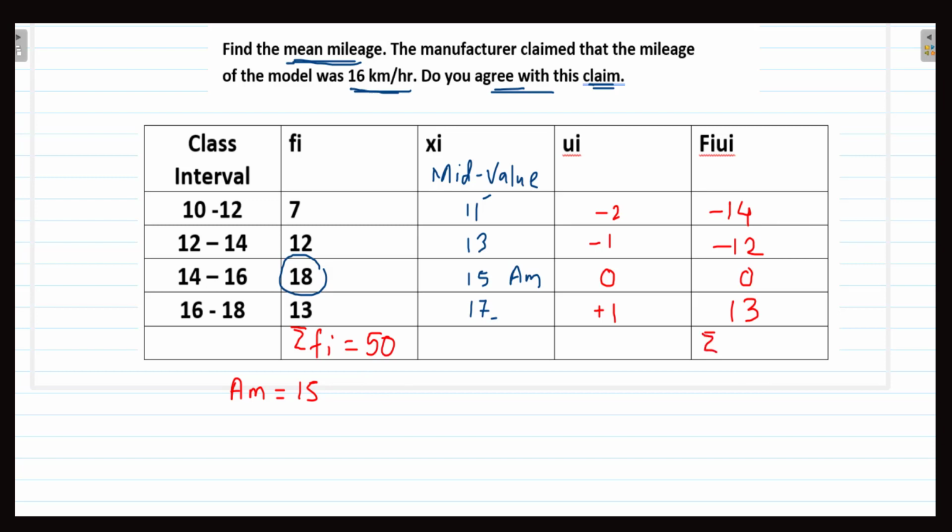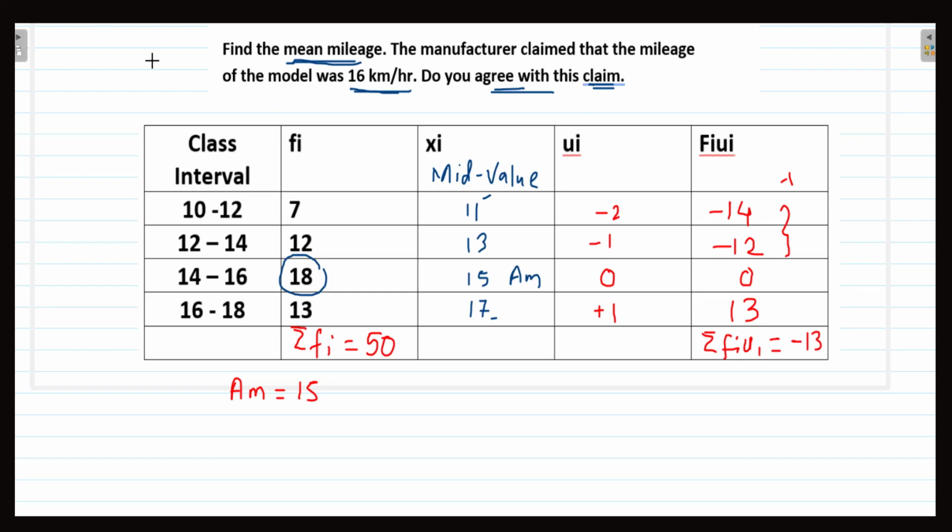Either add these two and subtract 13 from it, or you can do it like this: -14 plus 13 will be -1, and -1 and this -12 will be -13, and therefore summation of Fi ui is -13.